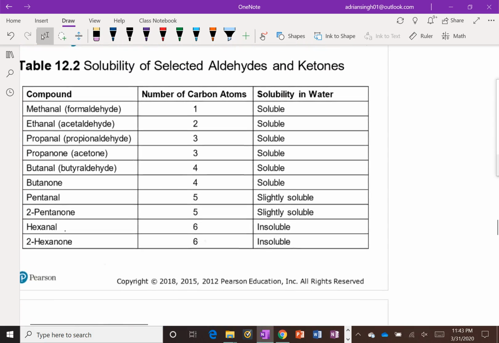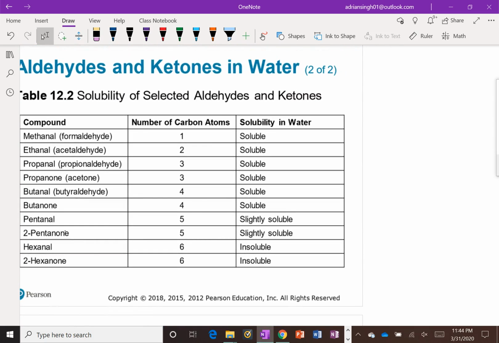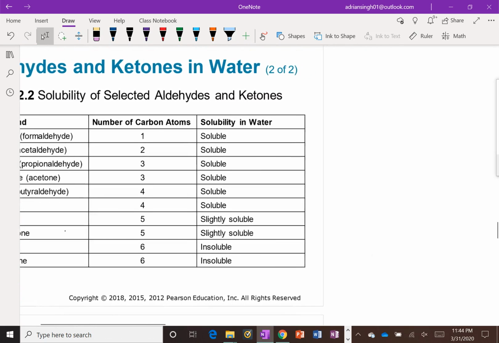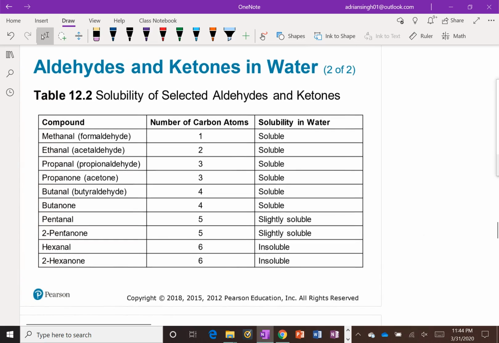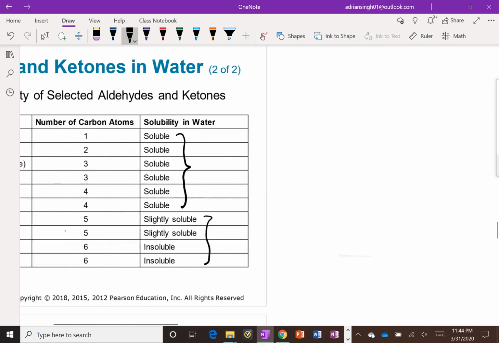In terms of the physical properties, we're going to see a similar trend as we saw with the alcohols, and that is small aldehydes and ketones, so on the order of 4 or fewer carbons, tend to be very soluble in water. You start making the aldehydes and ketones larger, the solubility in water tends to decrease.